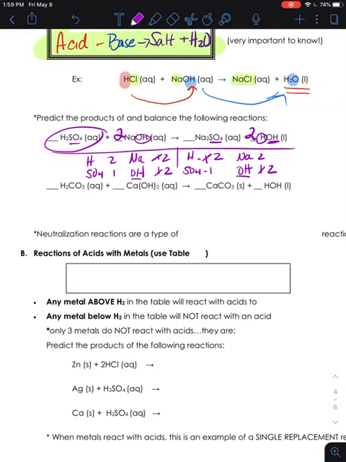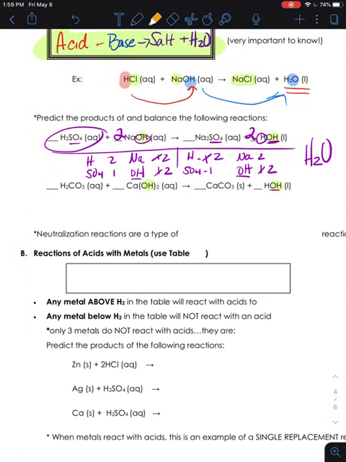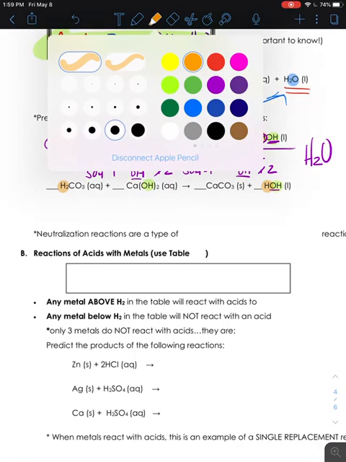And again, it takes a little bit of getting used to. HOH is the same thing as H2O. But if we can keep it in the format of, well, this OH came from here, this OH came from here, and this hydrogen got together and went there, this hydrogen went there, that way I can keep tally of what it's going to look like.